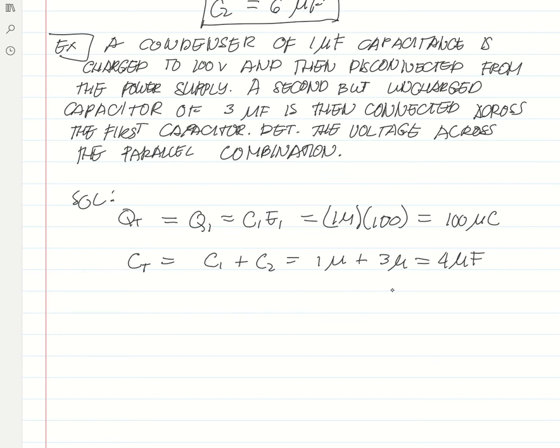So if we solve for the voltage now, using the formula, Q total will be equal to the total capacitance multiplied by the voltage of the parallel combination. We already know Q total, that's 100 micro, and this should be equal to the total capacitance, 4 micro, multiplied by the total voltage.